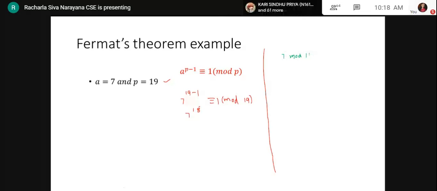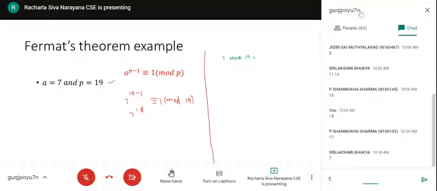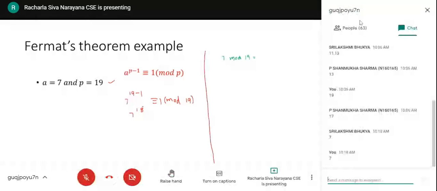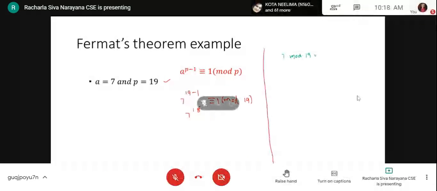What is the 7 mod 19 value? Tell the answer.